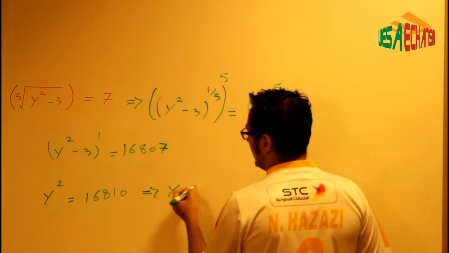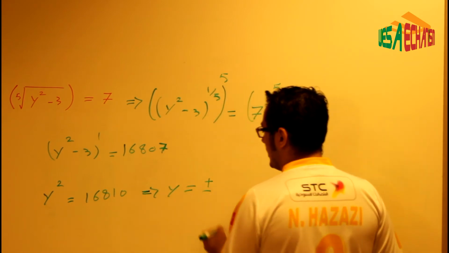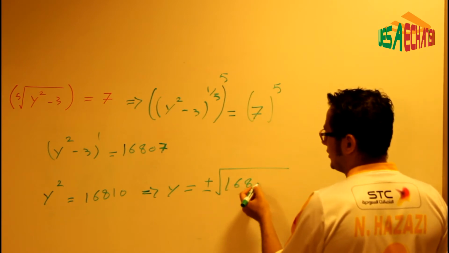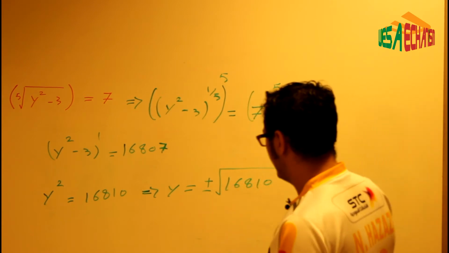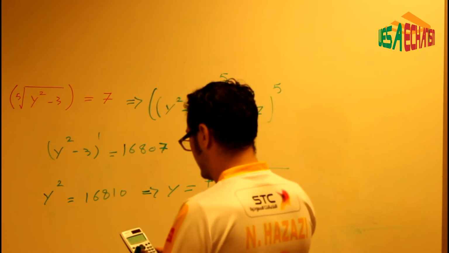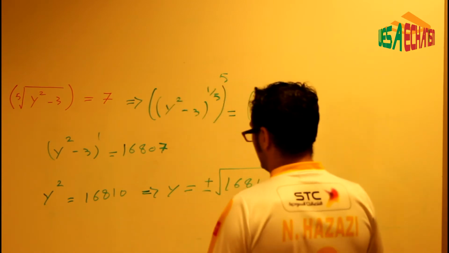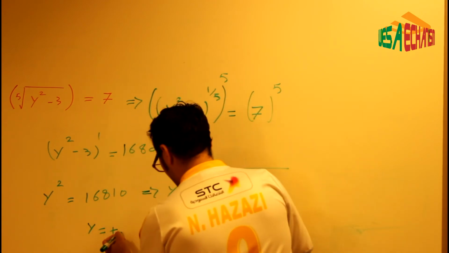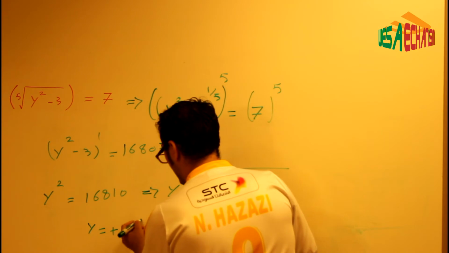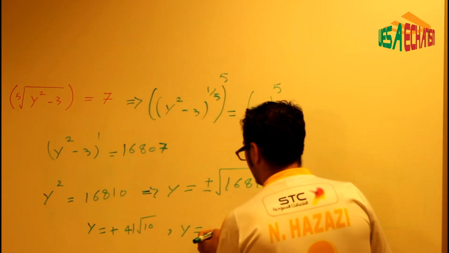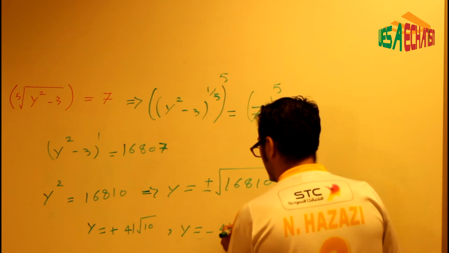We're going to say y equals plus or minus the square root of 168.10, and this will give us the square root of this. We have y equal positive 41 square root of 10, or y equal negative 41 square root of 10.